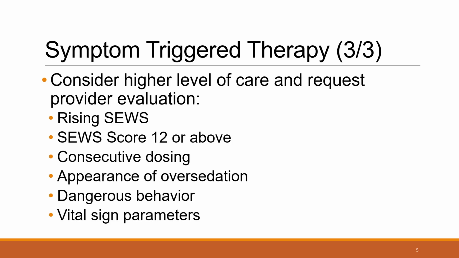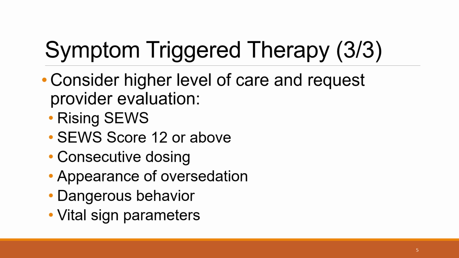A higher level of care, such as acute versus step-down unit versus ICU status, could be considered for SOS scores that are rising despite evaluation and treatment, SOS scores of 12 or greater, or for patients who have exceeded 3 consecutive 1-hour doses of a benzodiazepine or 3 consecutive doses of phenobarbital.